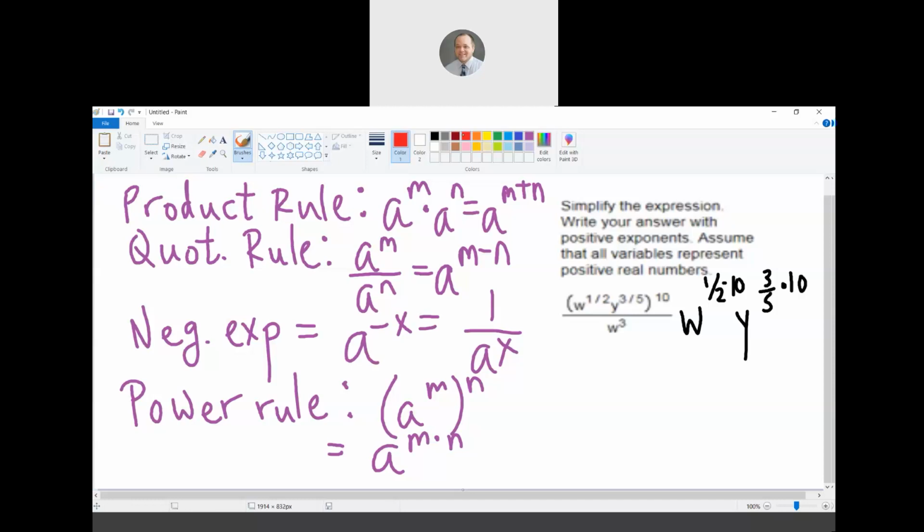With w, 1/2 of 10 is 5. And with the y, 5 can go into 10 two times, and 3 times 2 gives us 6.